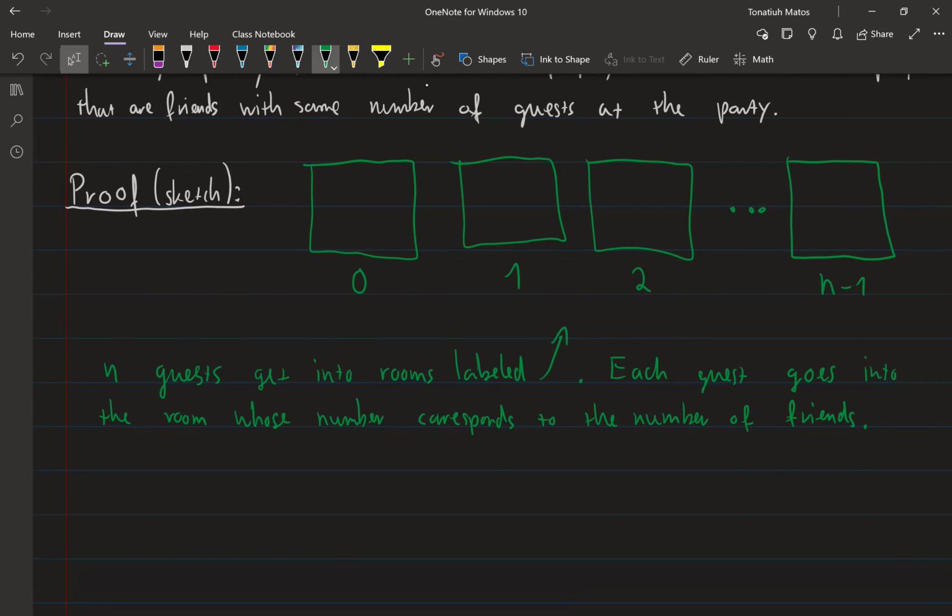If the rooms are not the pigeonholes that I want, then maybe I need to get rid of some rooms, right? So here's the trick.